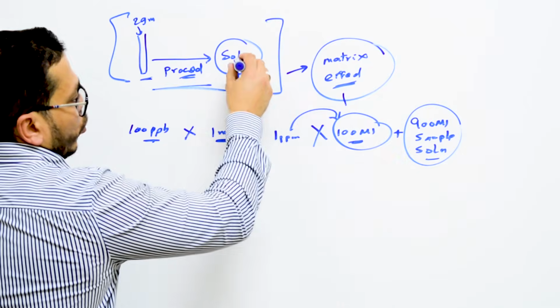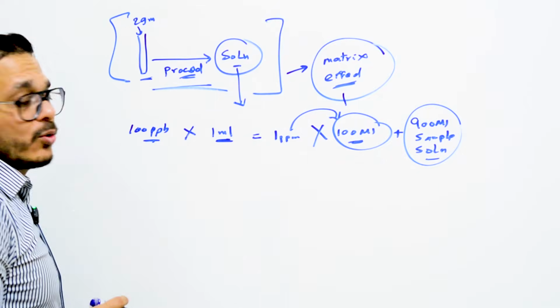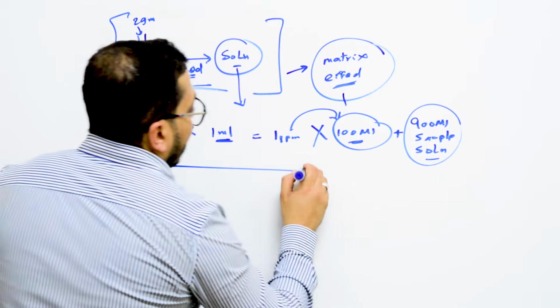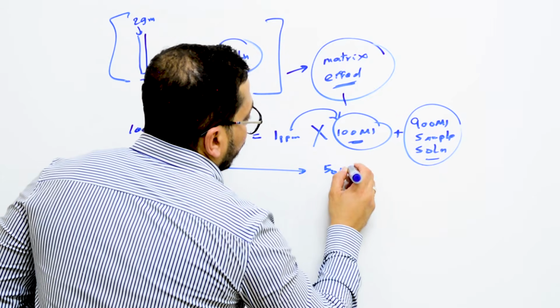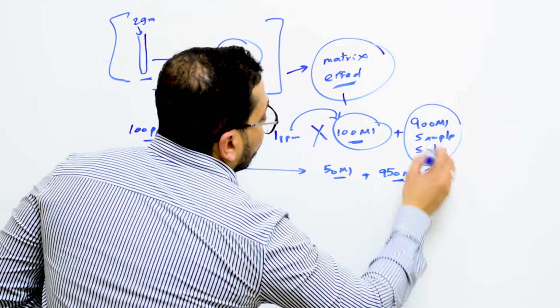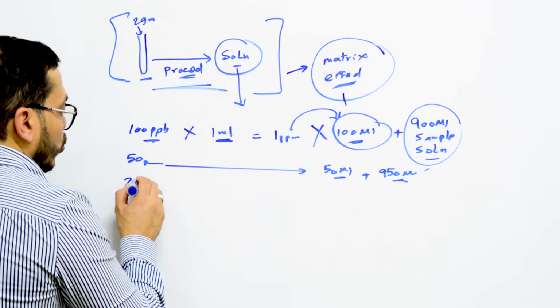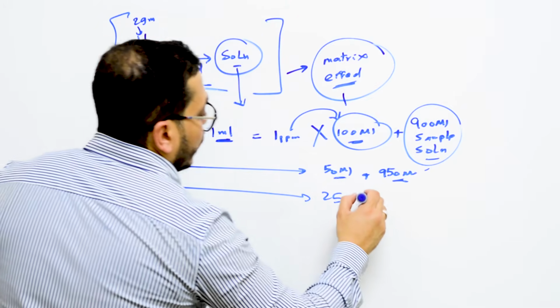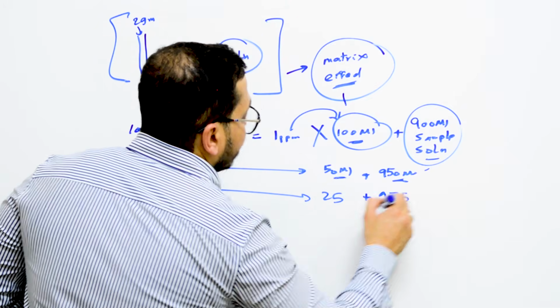And the same for 50 ppb: you will add 50 microliter from the standard plus 950 microliter from the sample solution. And 25 ppb, same like this: 25 microliter plus 975.